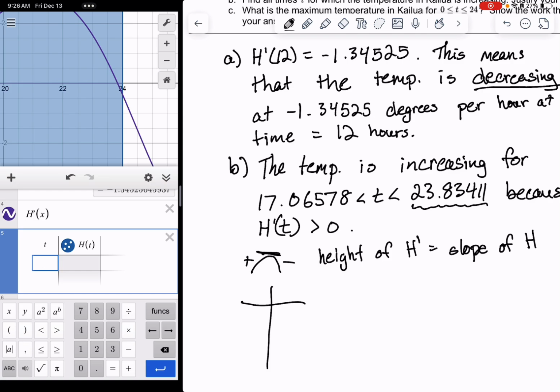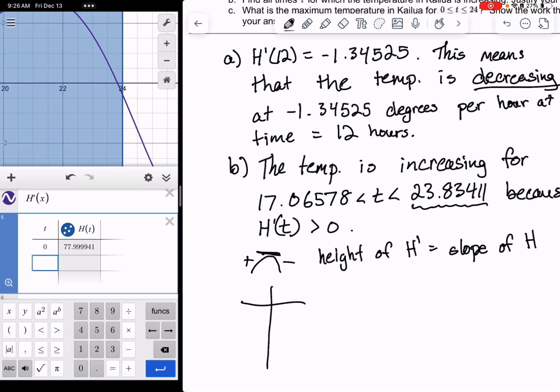So at time equals 0, we're at 77.9999941. So pretty close to 78 degrees. And then at time equals, now let's plug this number in that we had, 23.83411. We do hit 78 degrees. So it's a little bit higher than when it was at 0.